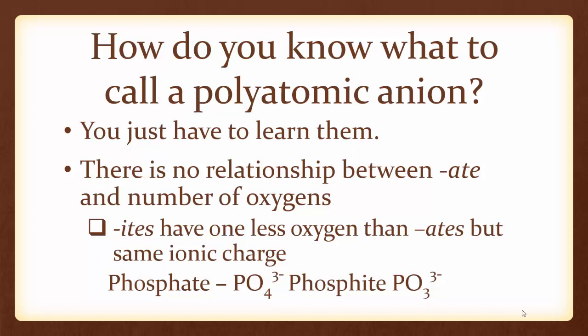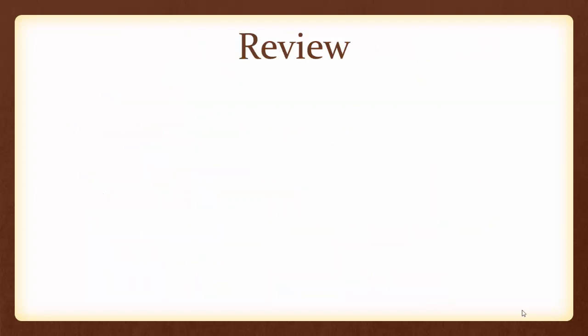And if you noticed in those three examples, for the ates, there was no relationship between the number of oxygens and the fact that it was called, for example, phosphate. That's how you name polyatomic ions.